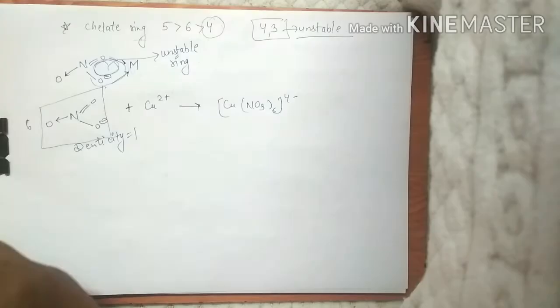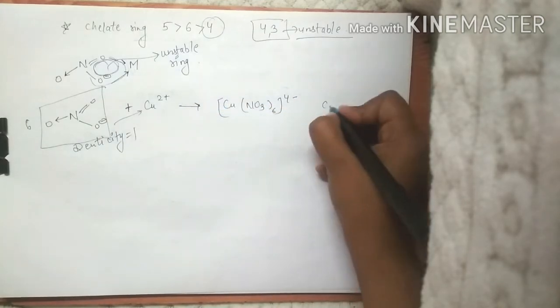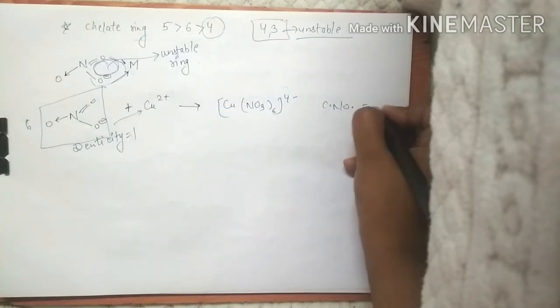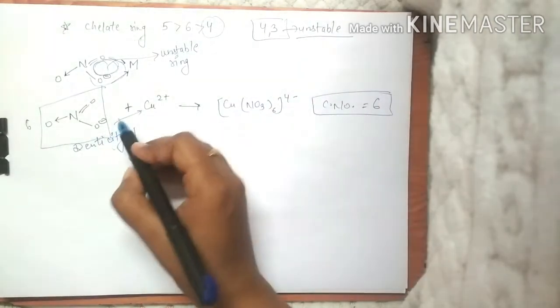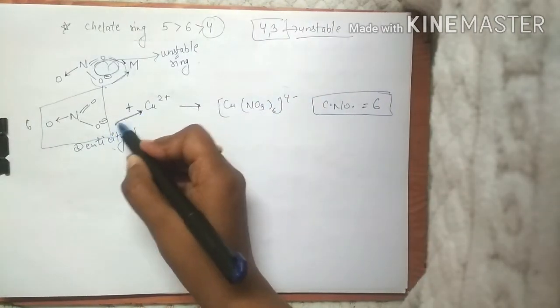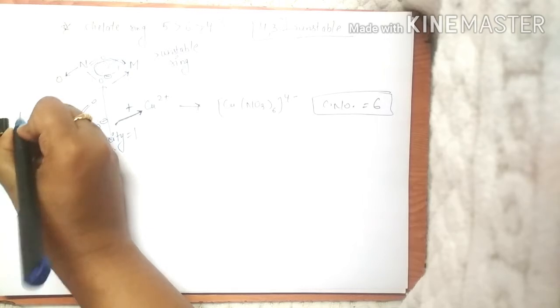This ligand shows a denticity value of 1. Okay, that is, only one side gets attached to copper. That is why the coordination number for this complex is 6. Because denticity is 1, only one side of oxygen is used to attach with the central metal atom, right? This is the first case.